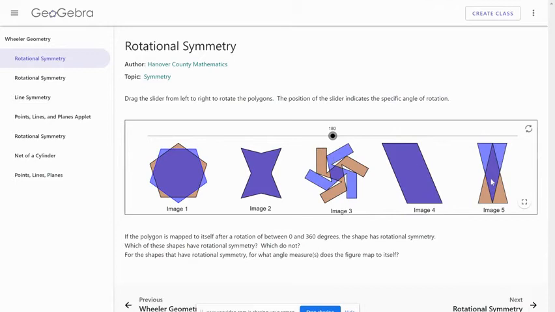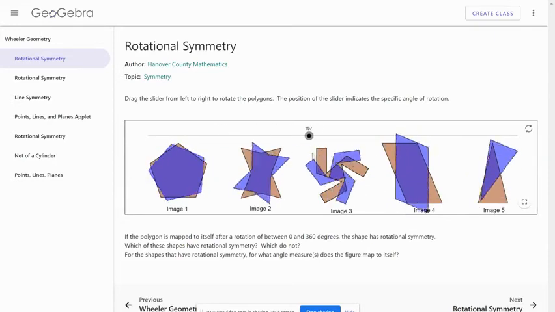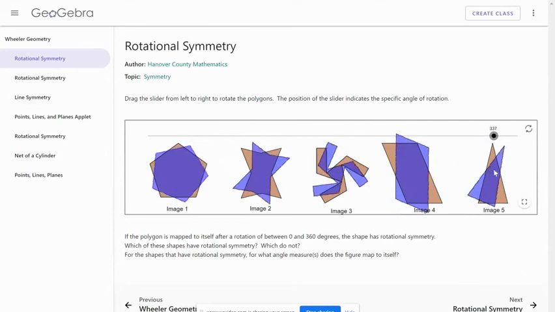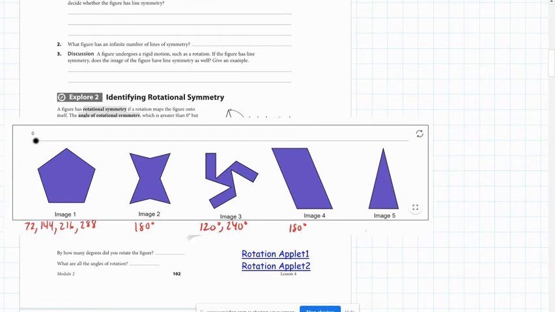Okay, and then image 5 actually has no rotational symmetry because it doesn't match up until I go all the way around 360. So if you have to go all the way around, then that figure doesn't have rotational symmetry. So image 5 has no rotational symmetry. It has line symmetry, but not rotational symmetry.